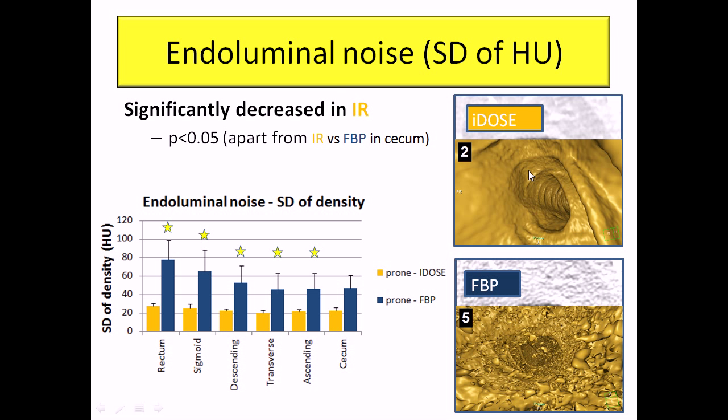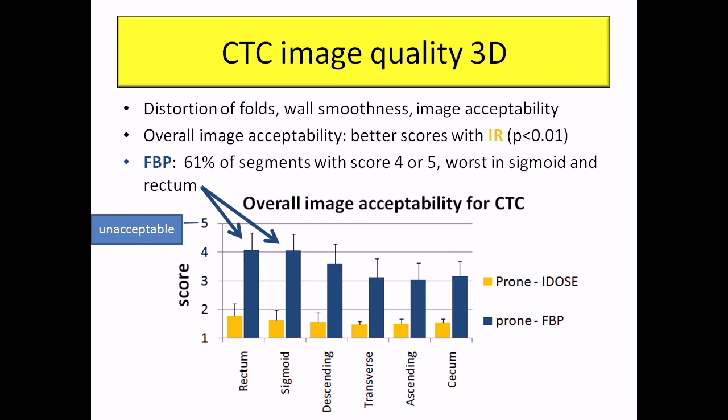With iDose you can see just mild texturing on the wall, whereas with filtered back projection you see very much noise, so-called snowstorm artifacts that obscure your view.